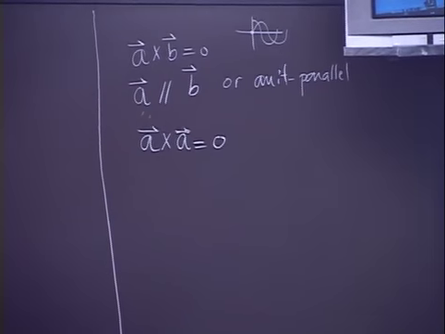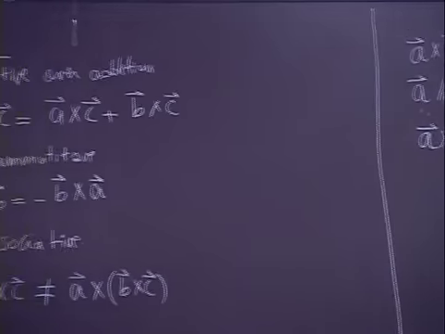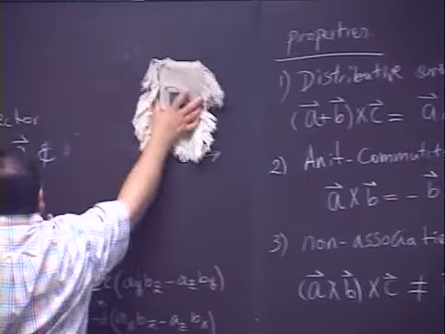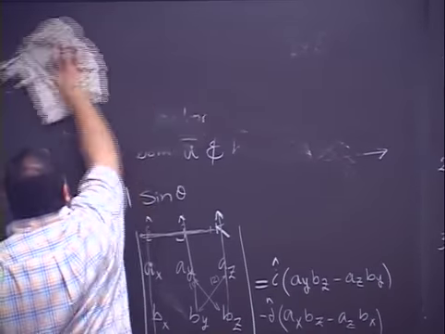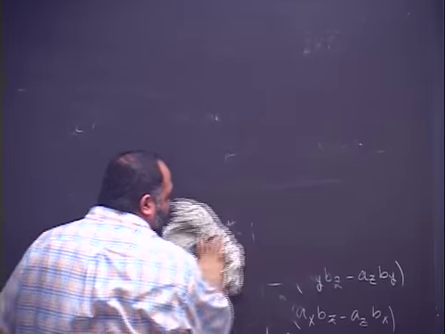Now, what's the geometrical interpretation of the vector products between two vectors?